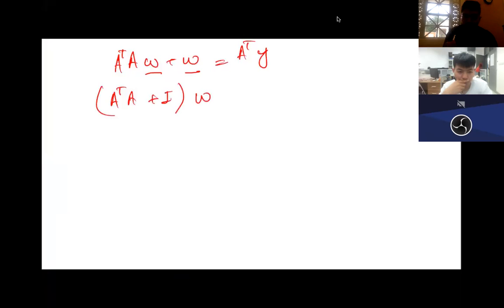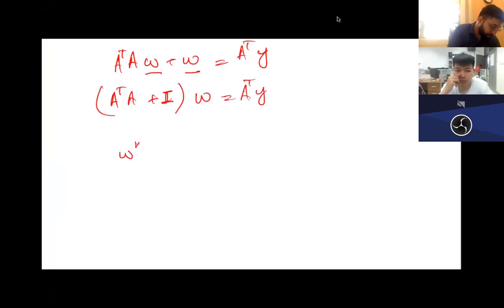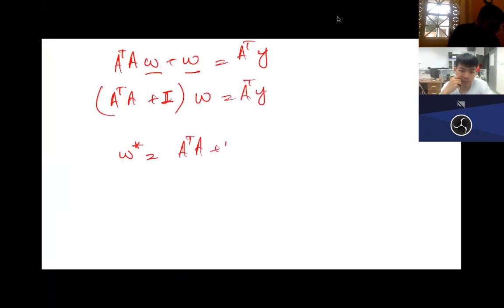This becomes A transpose A W plus W is equal to A transpose Y. And if we want to collect W from here, we can write it as (A transpose A plus identity) times W. Remember, these are vectors and matrices, so the equivalent of 1 would be an identity, is equal to A transpose Y. And then W star, which is the best solution to it, would become (A transpose A plus identity) inverse A transpose Y.